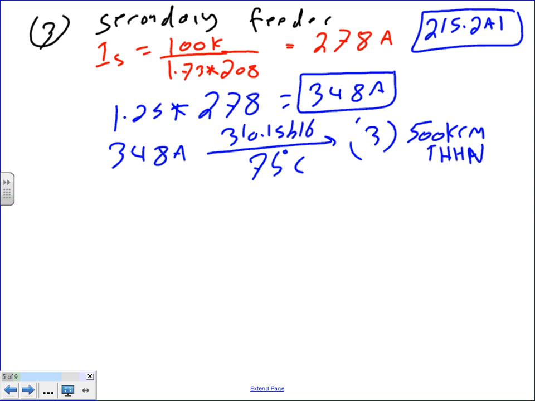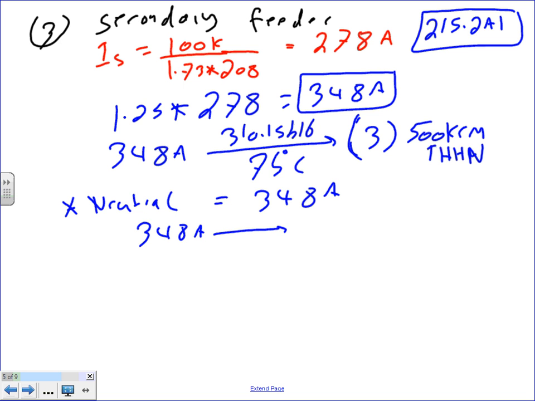Let's put 3 here, guys, and let's do the neutral. The neutral load, as you can see, is 348 amps. So I'm going to take the first 200, leave them alone. The remainder is 148, times this by 0.7.